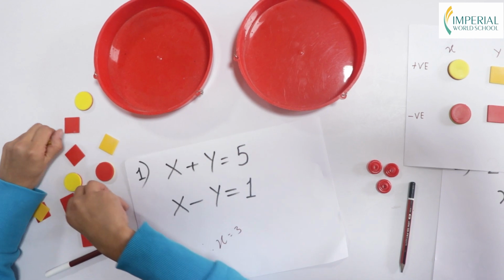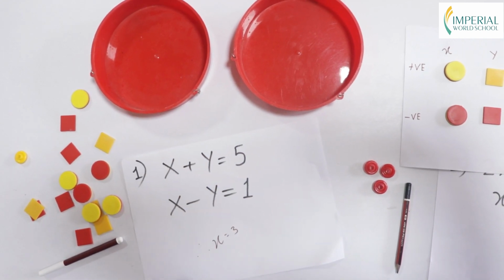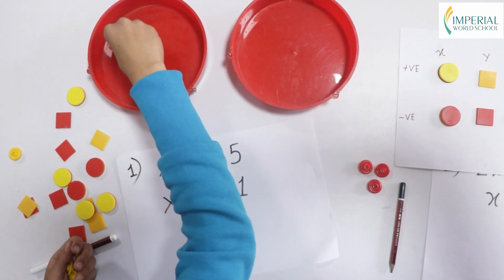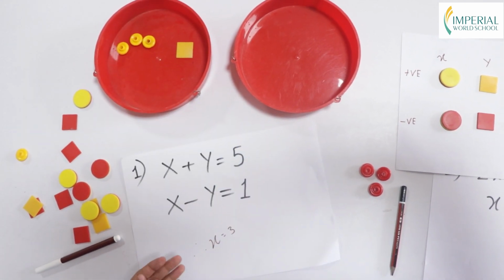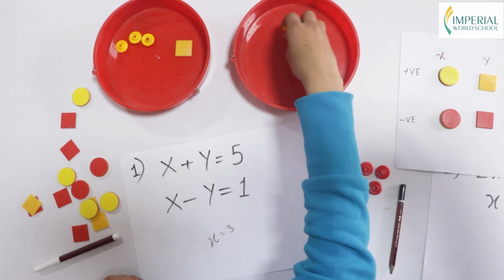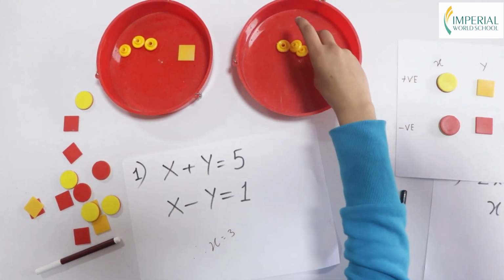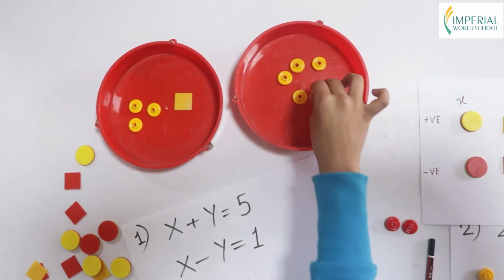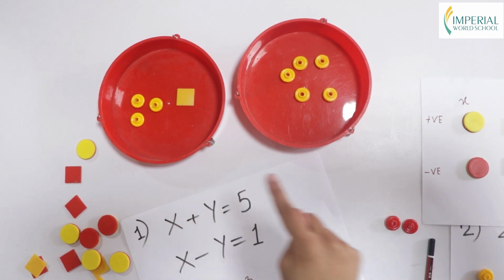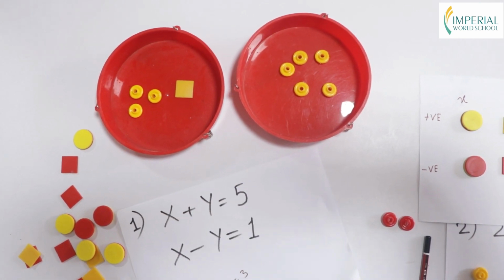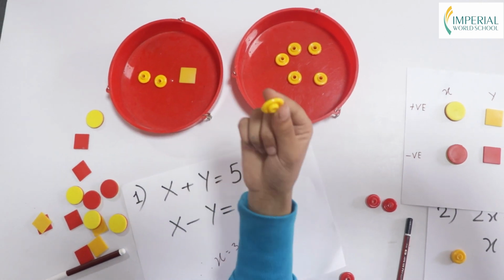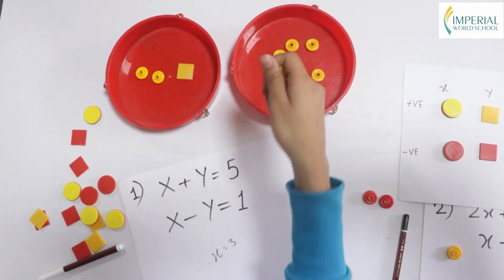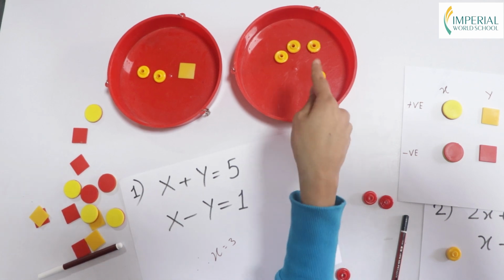Now that we already know x is 3, let's put 3 in place of x and y again in place of y. Now here it is x plus y equals 5, which is also 3 plus y equals 5. Now let's equally take one yellow from x, and let's take one from the constant number as well.